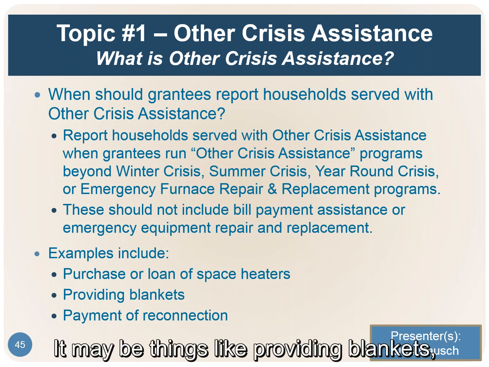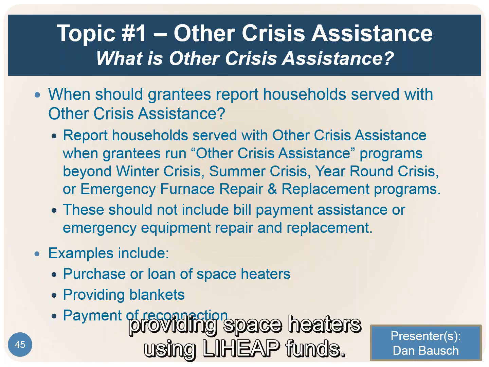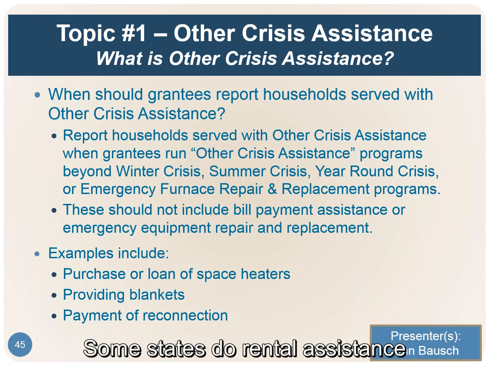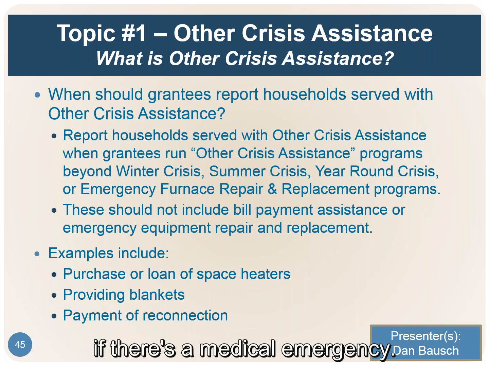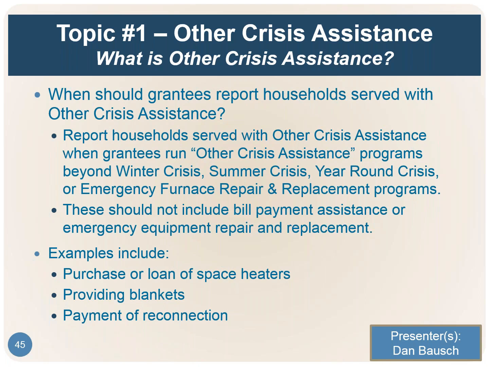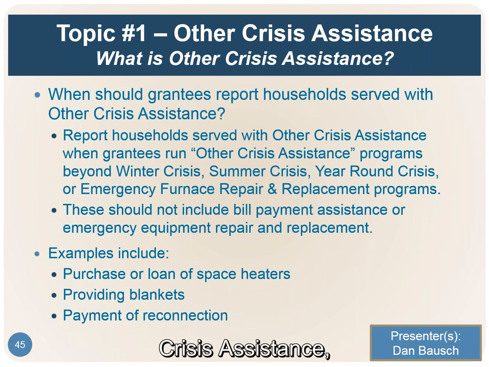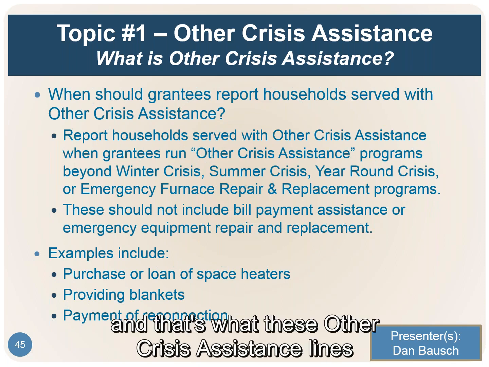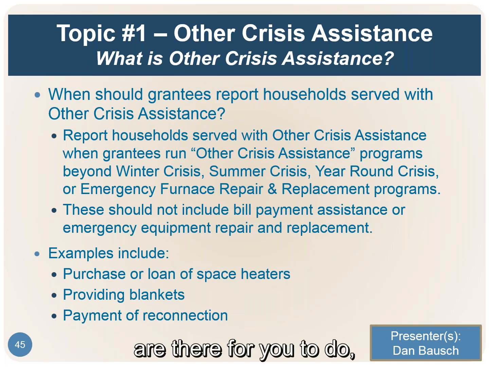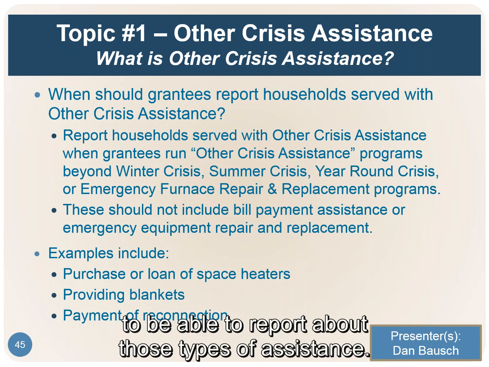It may be things like providing blankets, providing space heaters using LIHEAP funds. Some states do rental assistance if there's a medical emergency. There's a lot of variations in how people offer crisis assistance, and that's what these other crisis assistance lines are there for you to do, to be able to report about those types of assistance.